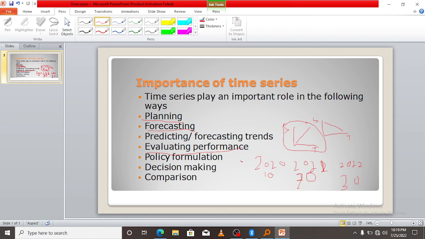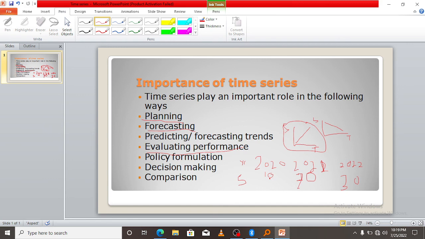Here there is annual sales. So you can evaluate the performance of your business, and when we look at this data, in 2020 the annual sales were $10, 2021 were 20, 2022 were $30. So you can evaluate the performance of your business basing on time series.